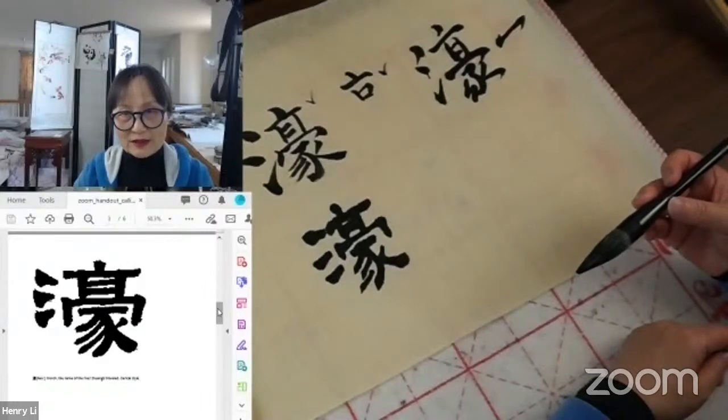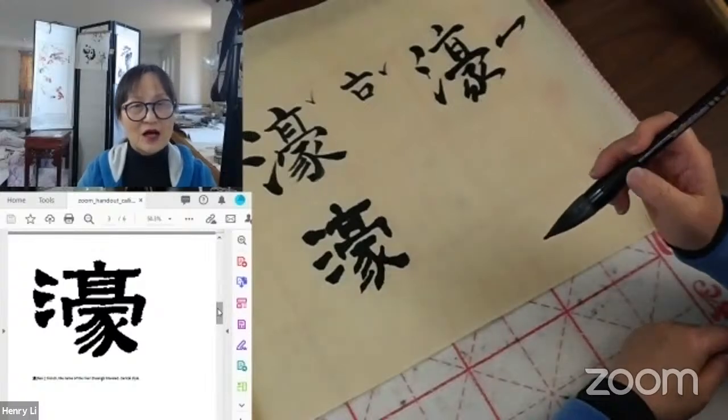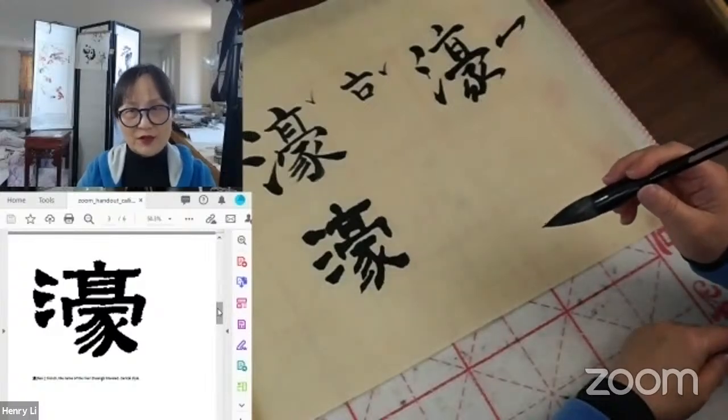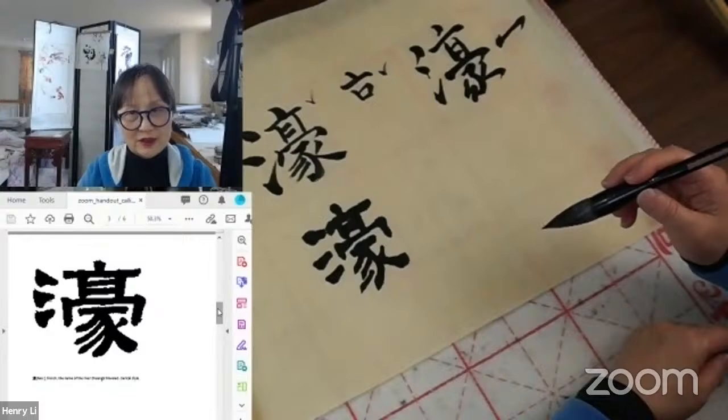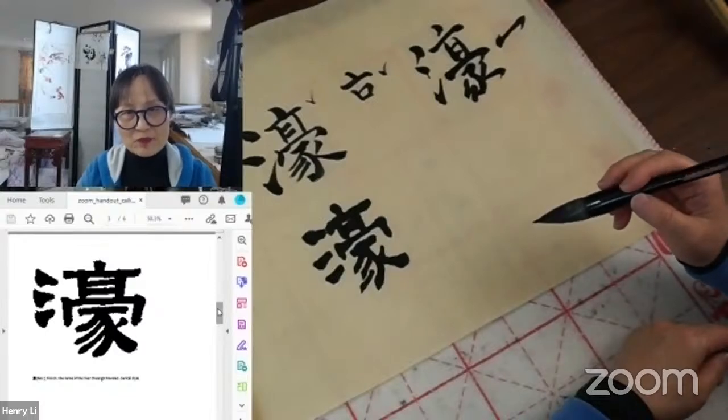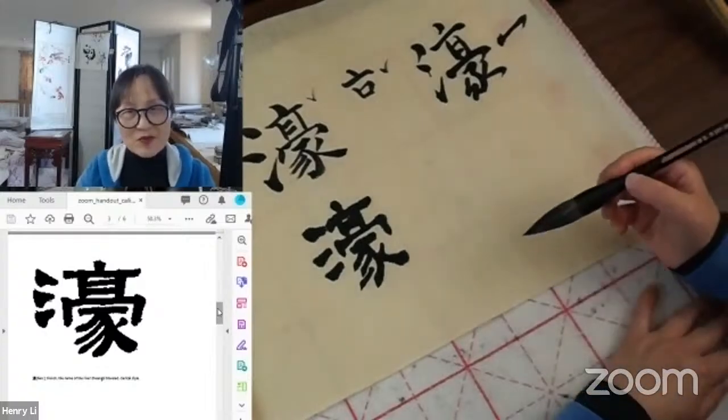So this one is from the seal script, which means the size is not a perfect square or rectangle. It's more picture-like. So normally the 3 dots radical is shorter.